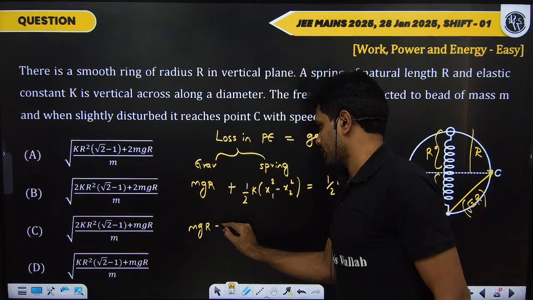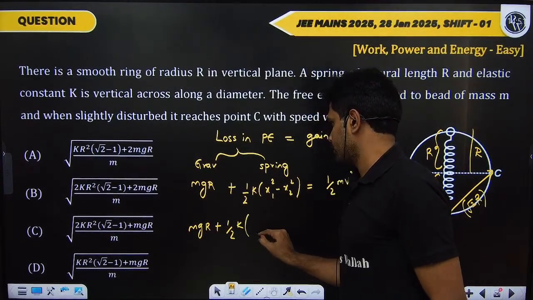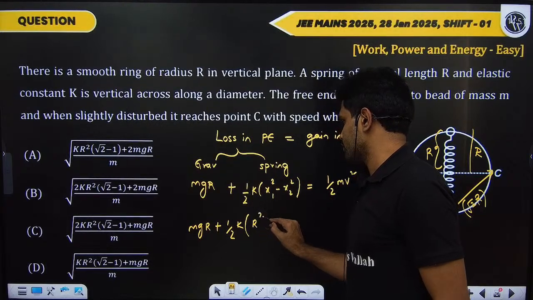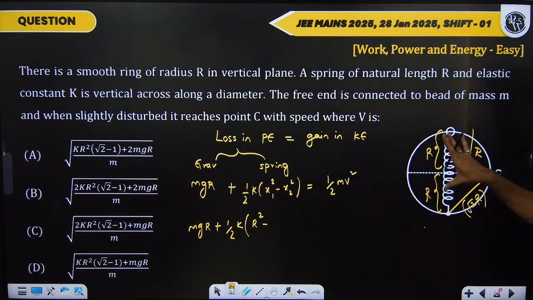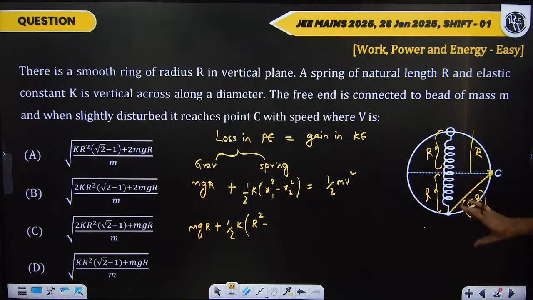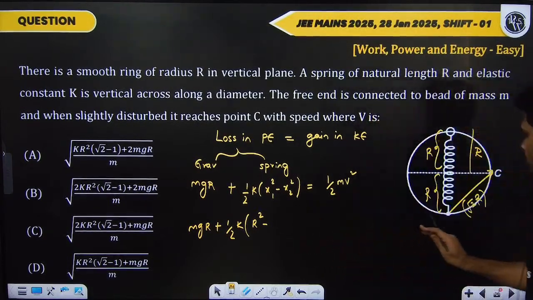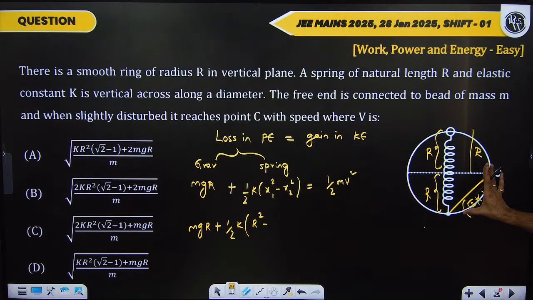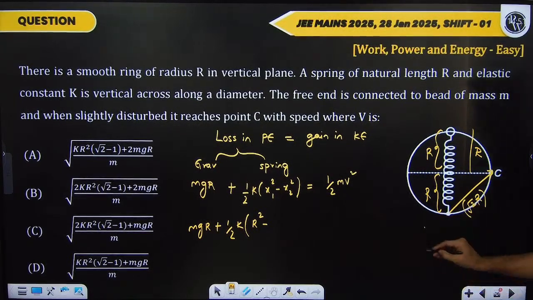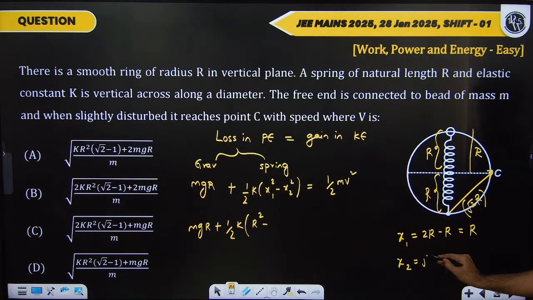Here, half k into initial elongation is r, because the length was 2r, natural length is r, so initial elongation is r. Final elongation is root 2 r minus r, is r times root 2 minus 1.